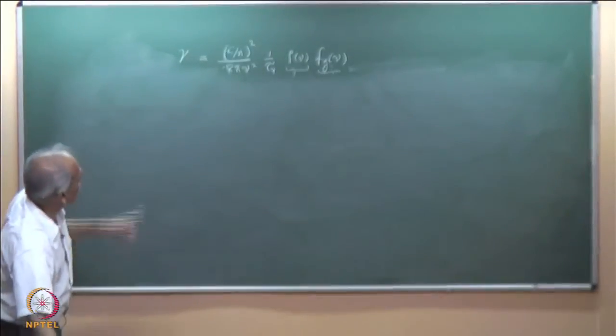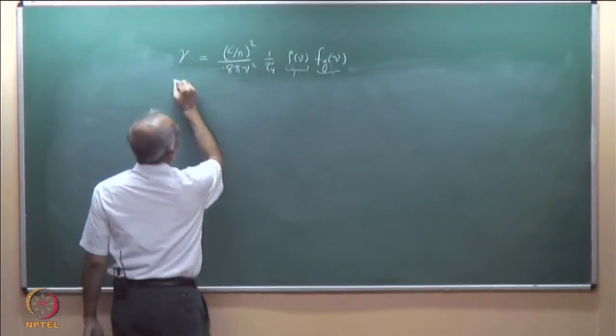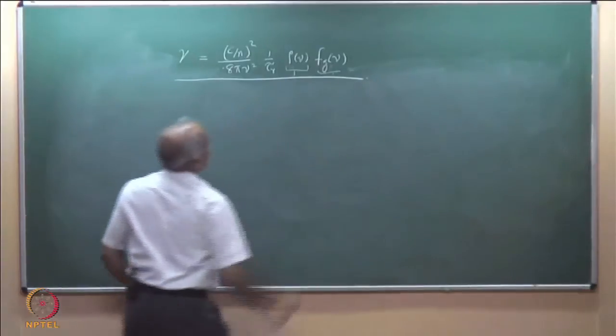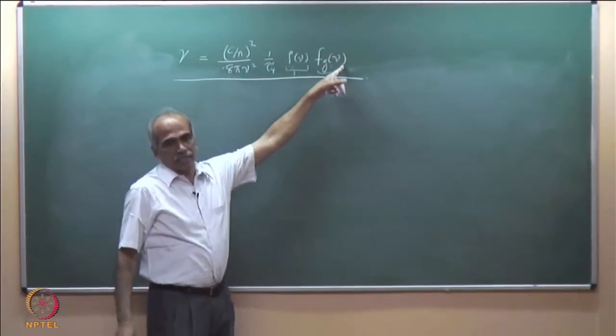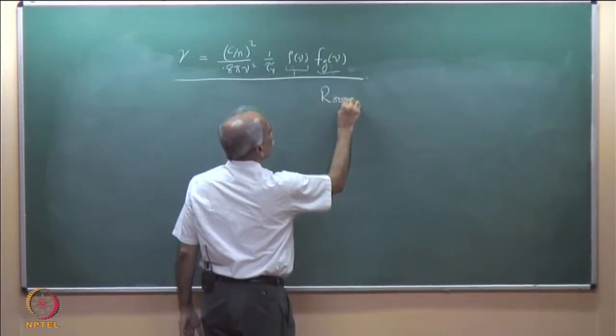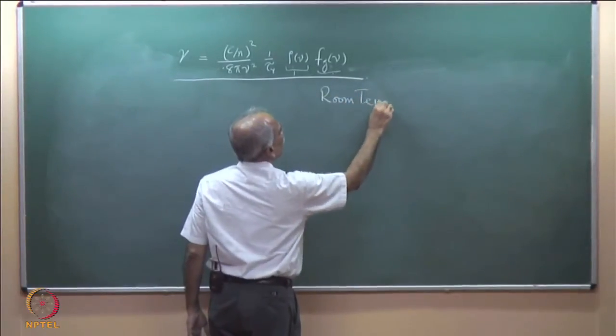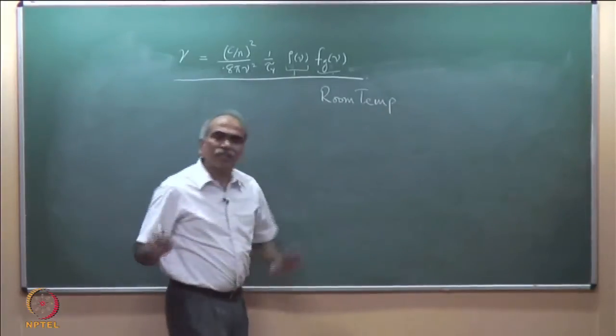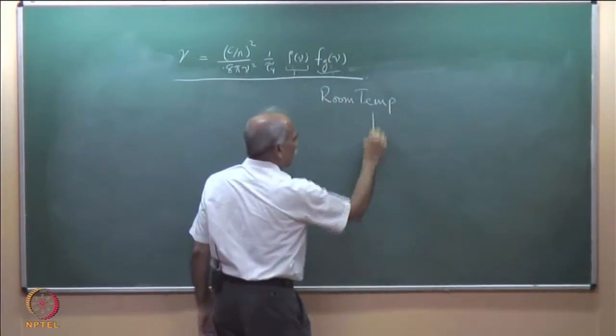So let us, because I am still keeping the same expression here, if Fg of nu is negative, let us take for example room temperature, a normal semiconductor at thermal equilibrium.